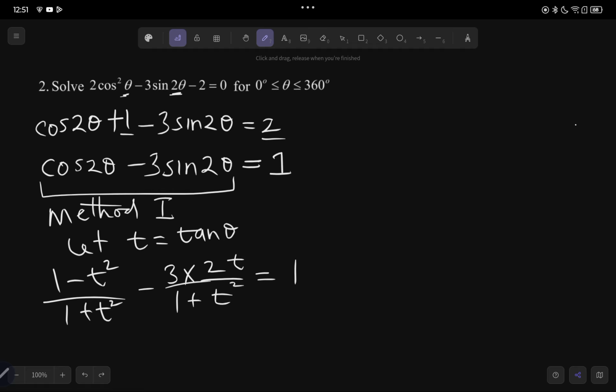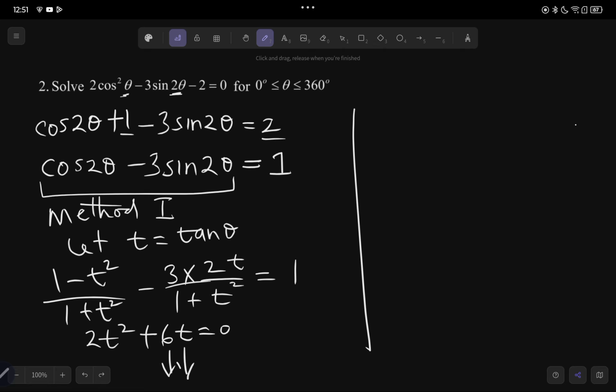When you reorganize this, you'll get 2t squared plus 6t is equal to 0. Now you proceed to get the values of t. I'm leaving it to you because we have already seen use of the t formulae in the previous episodes.